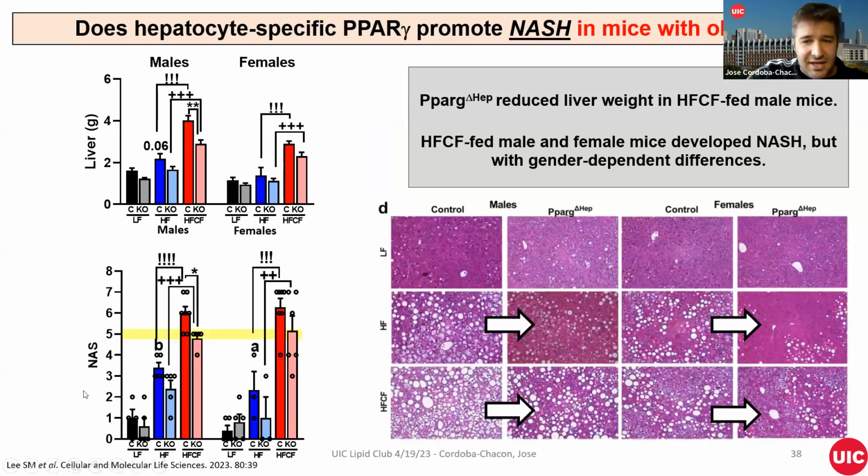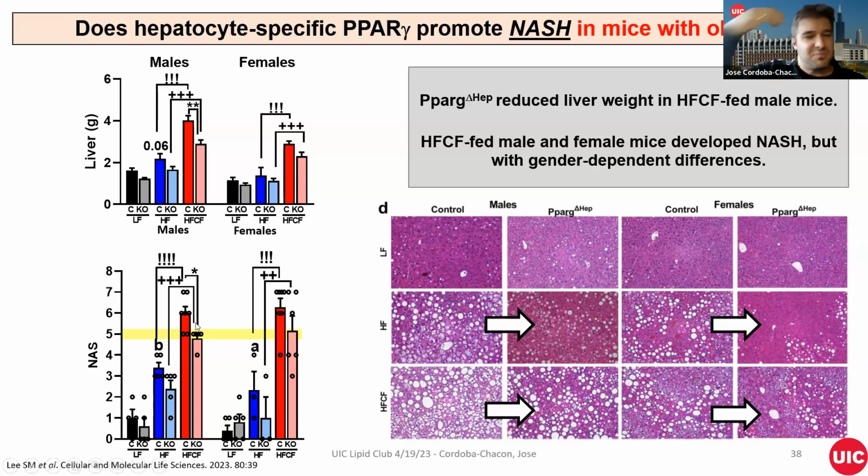And when we did the pathological scoring of these livers, we saw that both males and females develop NASH. As shown here, a high-fat diet by itself cannot develop NASH. It develops just steatosis. Inflammation and hepatocyte ballooning are not really developed when feeding only a simple high-fat diet.